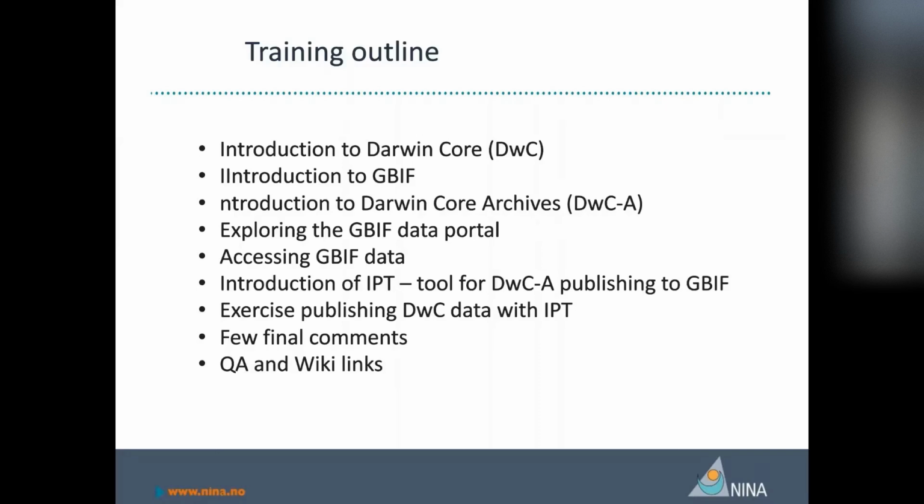And I will provide an introduction to IPT, which is the tool used to publish data to GBIF. And then we will do also an exercise, so you will have the opportunity to try by yourself with a test server of IPT, without the risk of doing anything wrong. And then some final comments and some useful links.